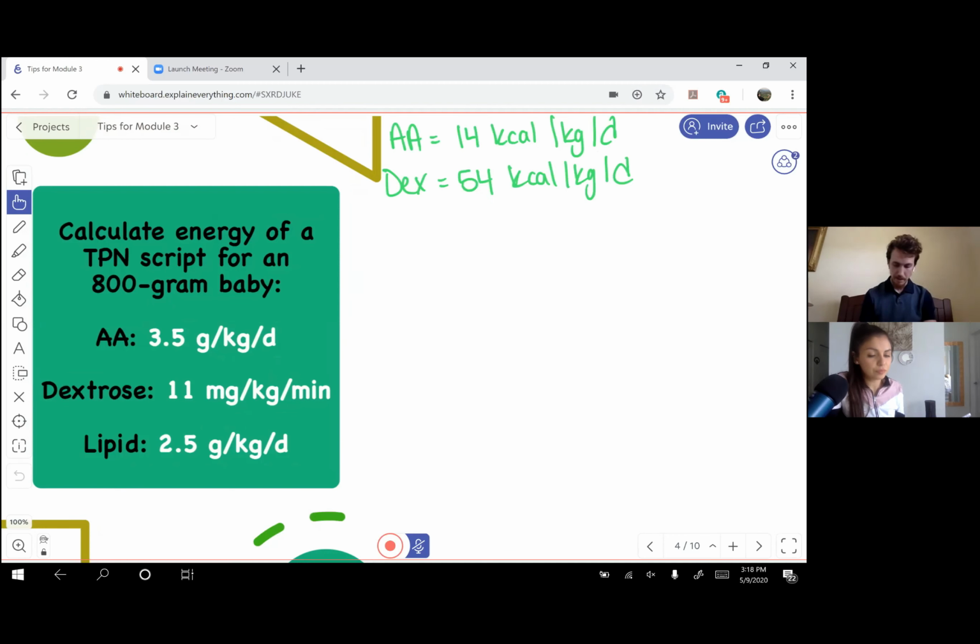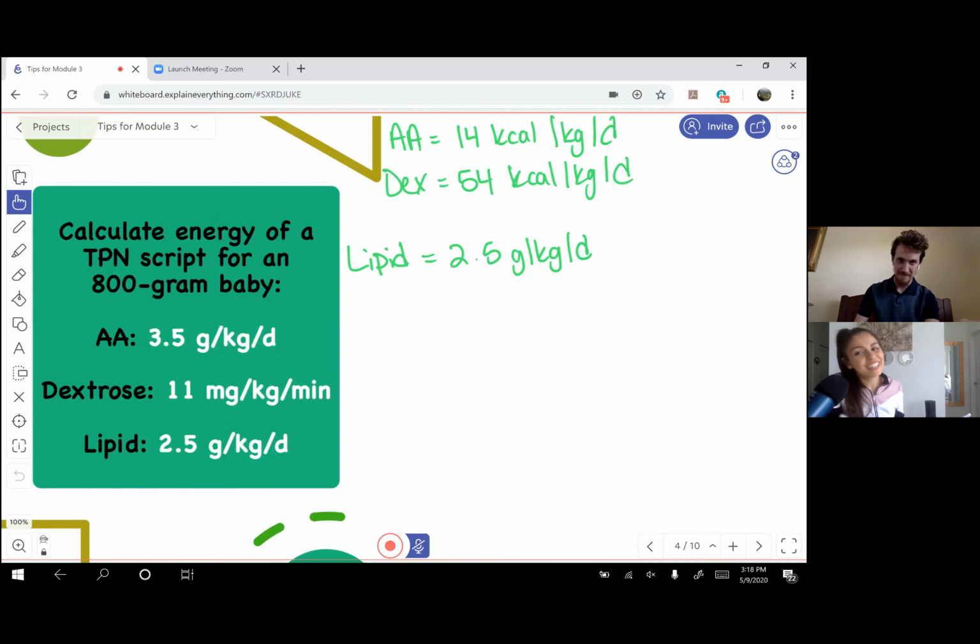And lastly, our lipids would be 2.5 grams per kilogram per day. Jeneene, how many calories per gram will these lipids provide this infant?